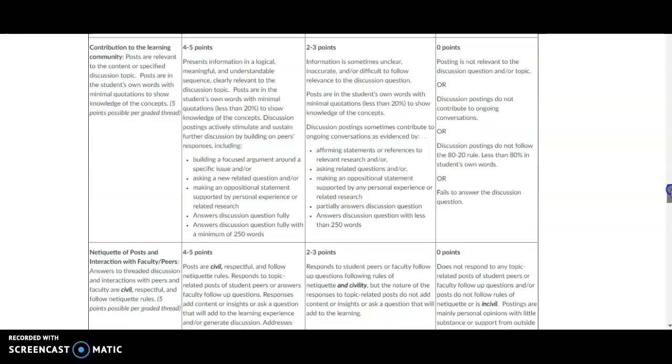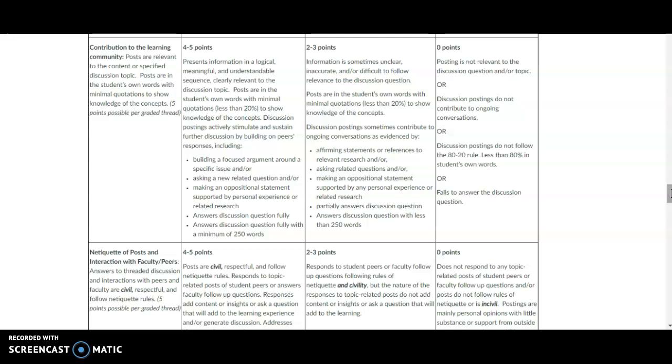Under contributions to learning, make sure you're answering all parts of the discussion question. Many times there's one discussion question, but we're asking you to look at it in 2 or 3 ways. So make sure that you answer it completely and that you have a minimum of 250 words.